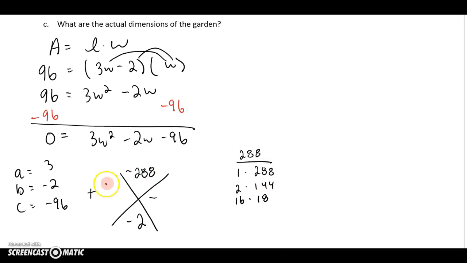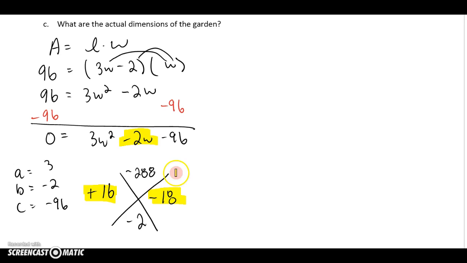16 and 18. If the 16 was positive and the 18 was negative, we would be in business here. 16 times -18 equals -288, and when I add them together, you do get -2. So that's what we were looking for, 16 and 18. So we did all that work so we could take this middle term and split it up into these two terms. Now we've got 4 terms.